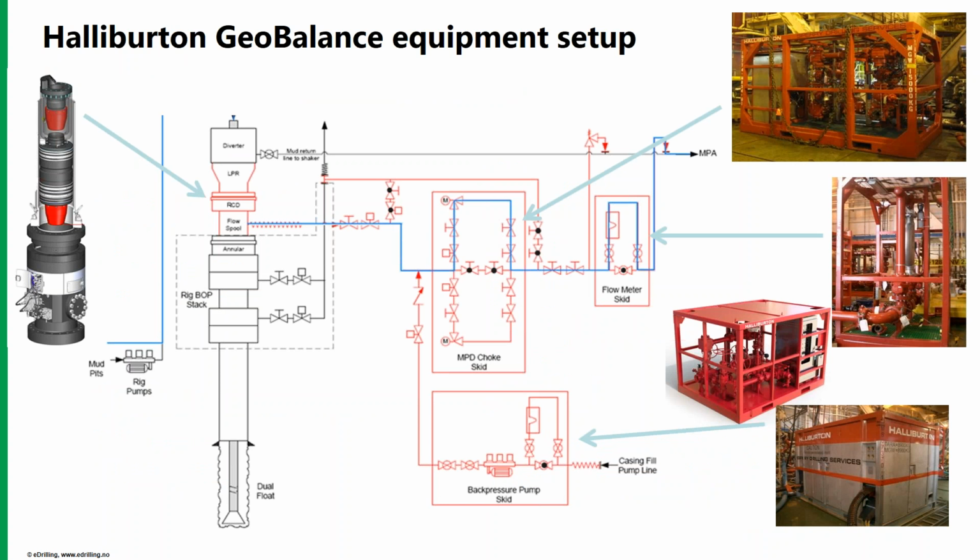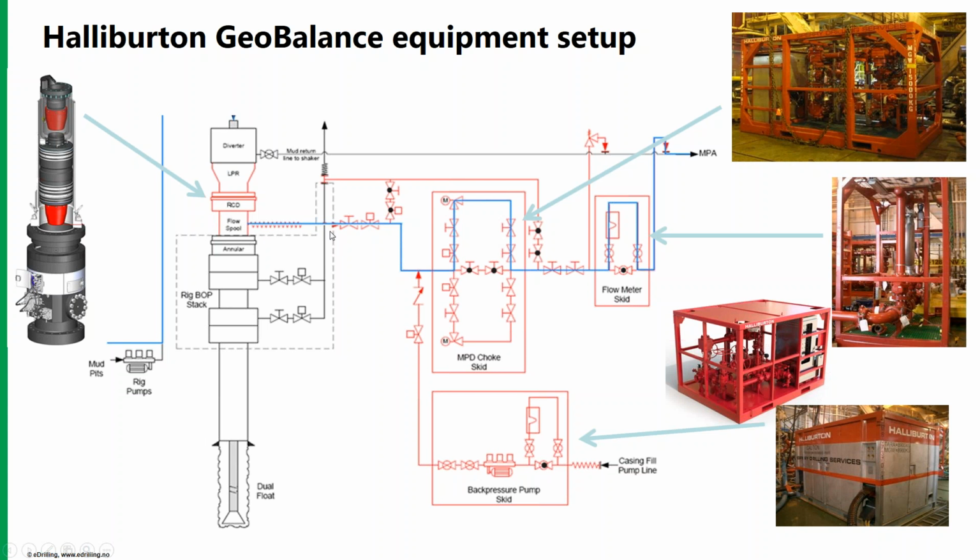So, over to Halliburton's system again. This is a simplified overview of the equipment layout that you'll get offshore, where you've got the rig stack. Then we add on the equipment that's in red with a flow spool where the flow comes out.